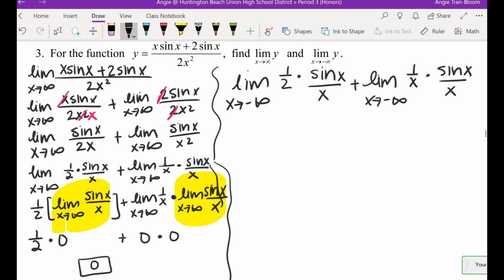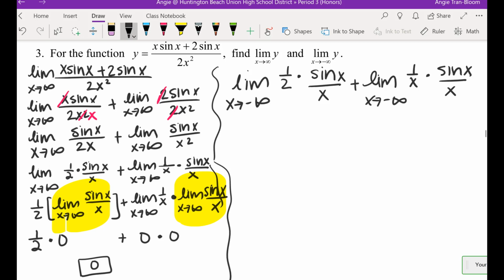Would this still give us 0, guys? 1 divided by a million, is that still creeping closer and closer to 0? For sure. This is still 0. Well, 0 times 1/2 is still 0. So all of that is still 0.